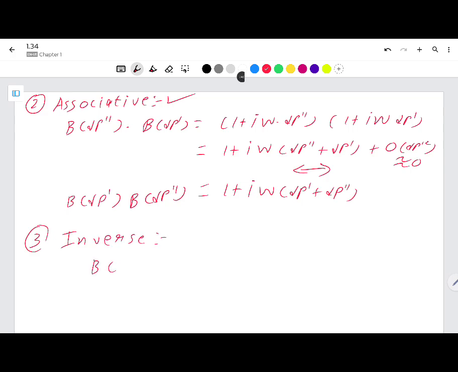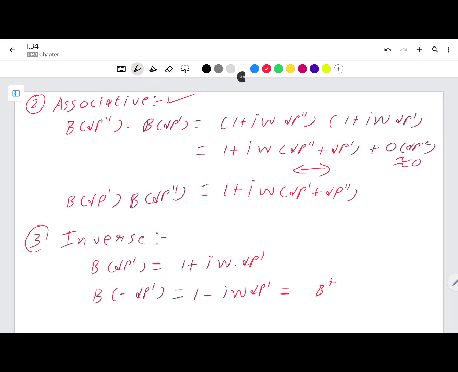Next is inverse. So B of dp prime is 1 plus i W dp prime. And what is the negative of this? 1 minus i W dp prime, which is B dagger.